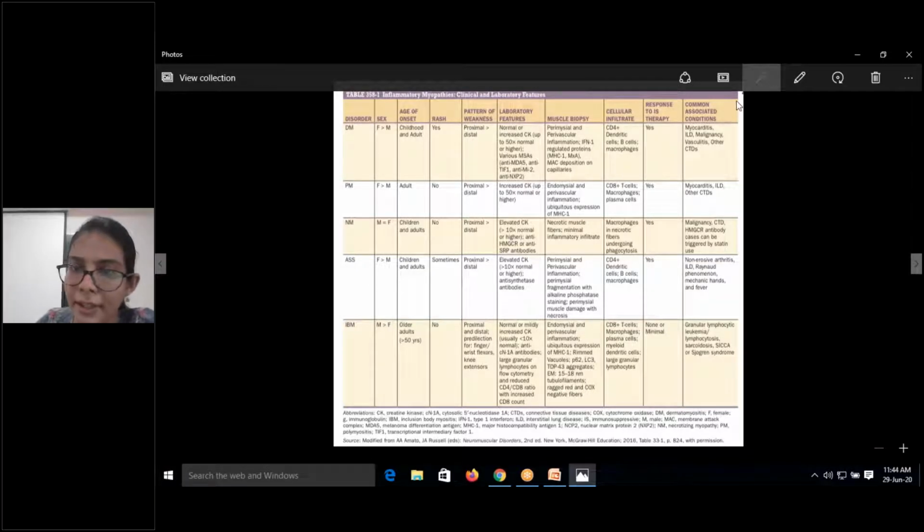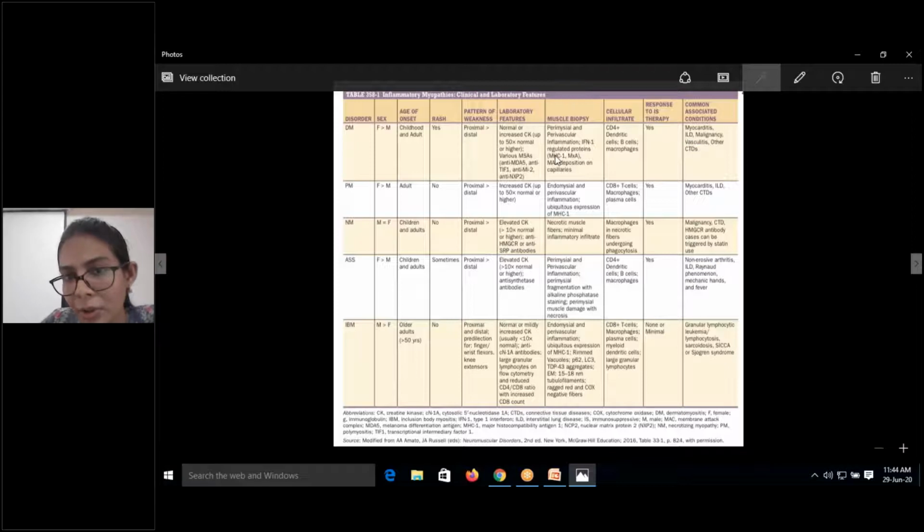And the common associated conditions are in dermatomyositis, mostly the cause of death will be myocarditis. ILD can be present. Then these all correlate with which type of antibody they are having. Malignancy can be there, vasculitis, and other CTD. Vasculitis, why here?